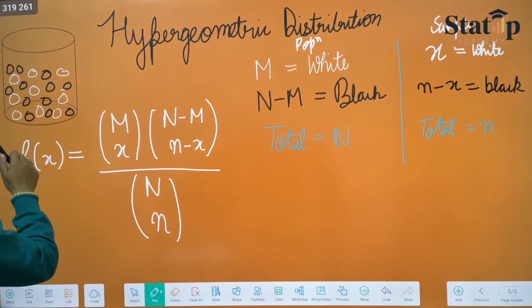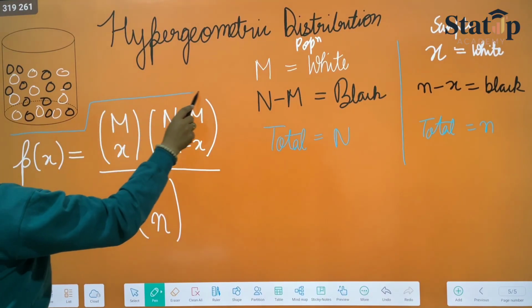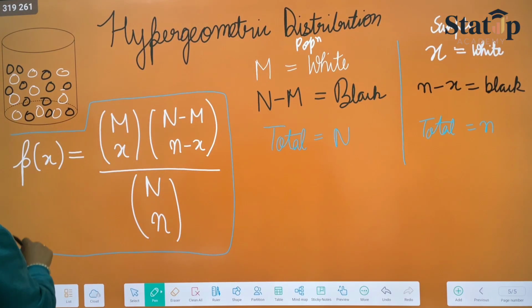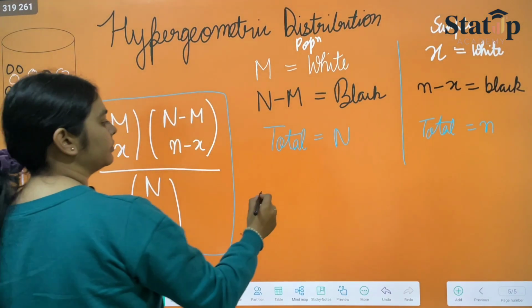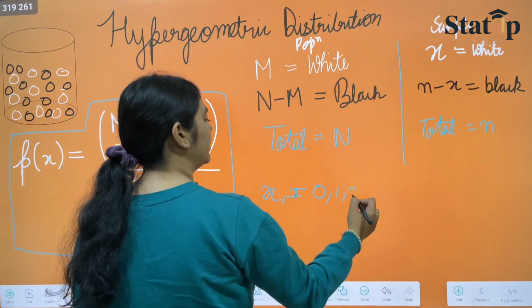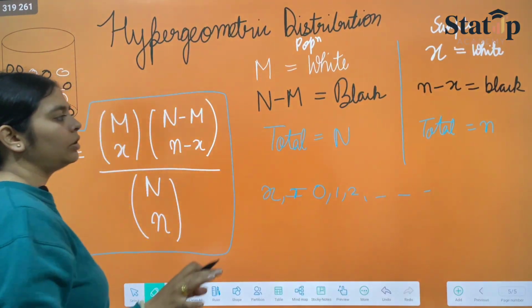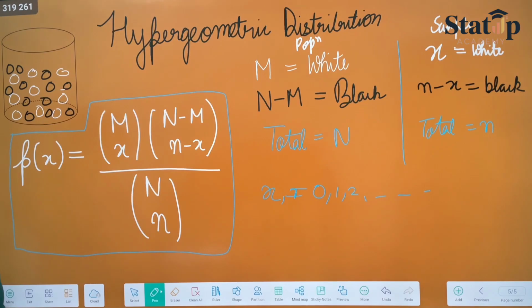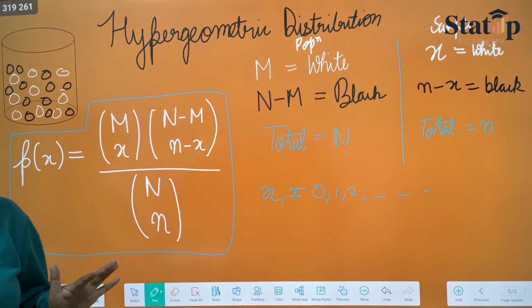So this expression of ours, or this PMF, is known as the hypergeometric PMF, where x goes between 0, 1, 2 and so on. So do m, N and n, and the rest are the variables.